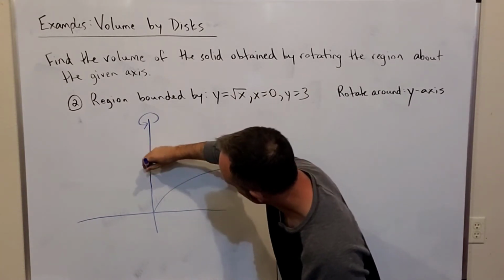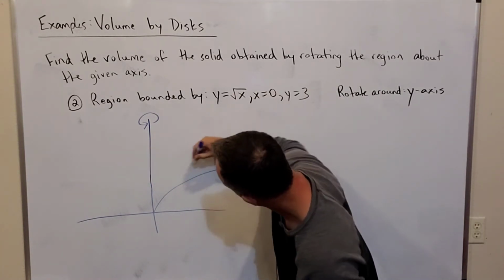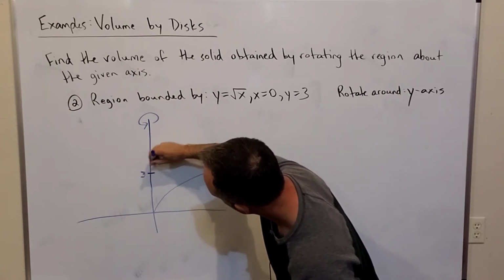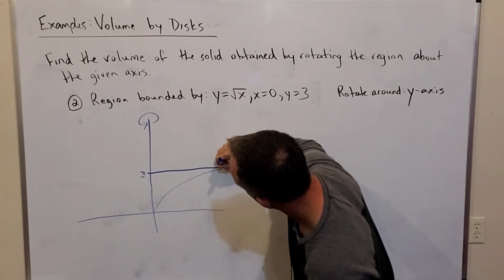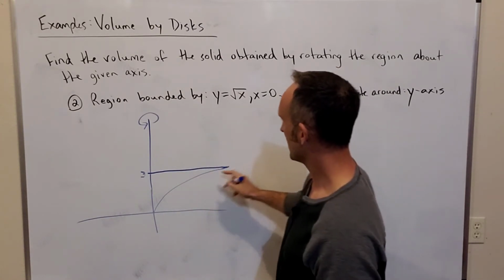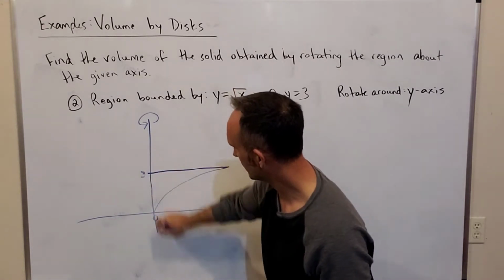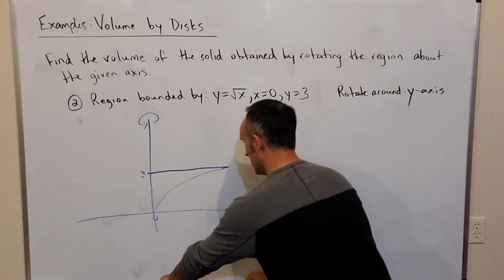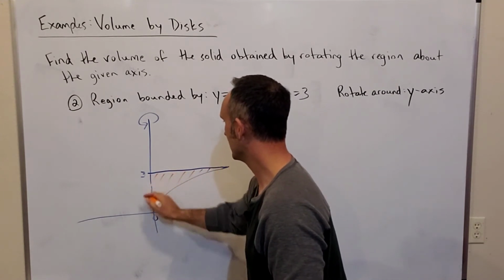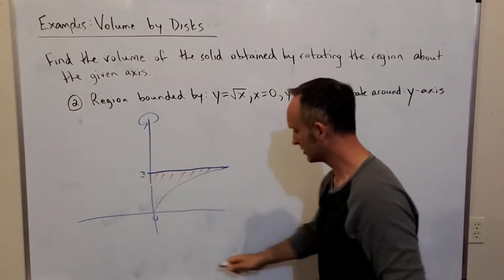Y equals 3, let's say, is right here. So it's this line. So the curve will intersect that line. And x equals 0 is right here, this vertical line. So this here is the region that we're rotating around the y-axis.